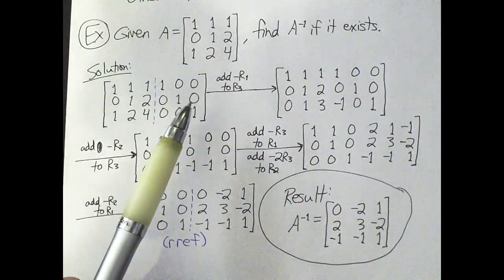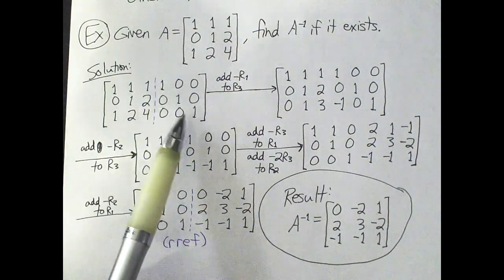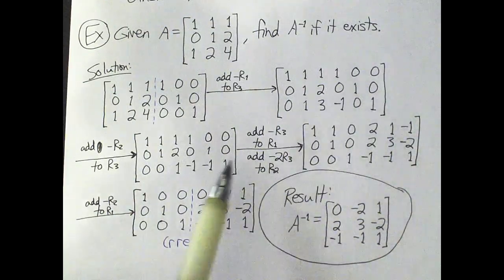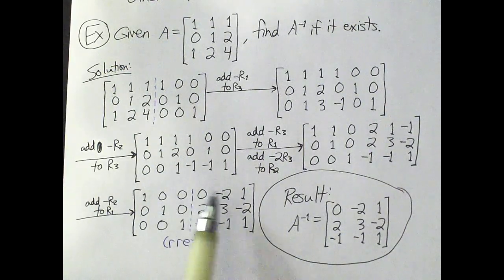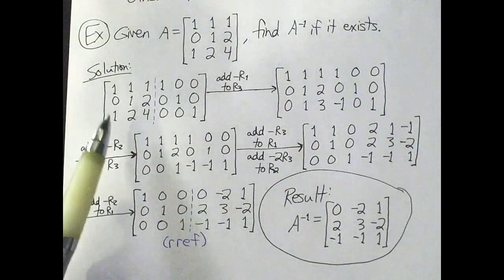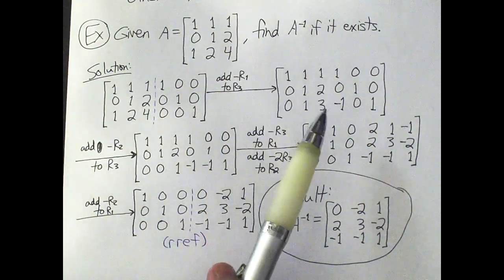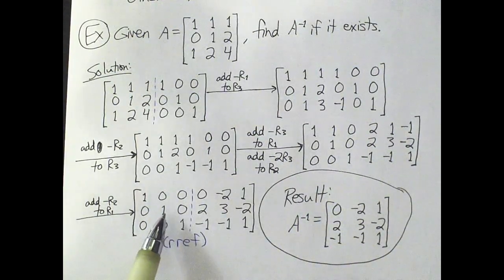The right half of this matrix gradually shifted away from being the identity and gradually got more and more complicated, while the left-hand side of this rectangular matrix gradually got closer and closer to becoming the identity. It's pretty interesting, I think.